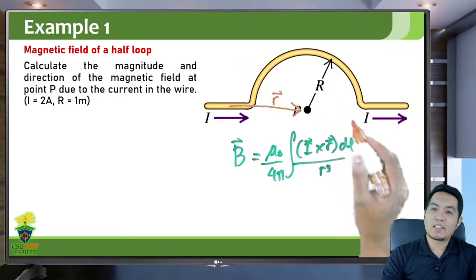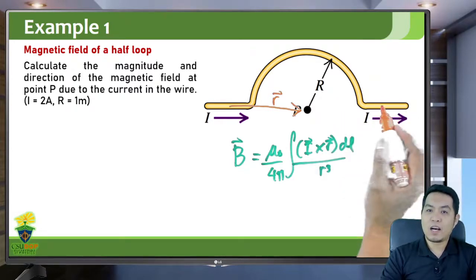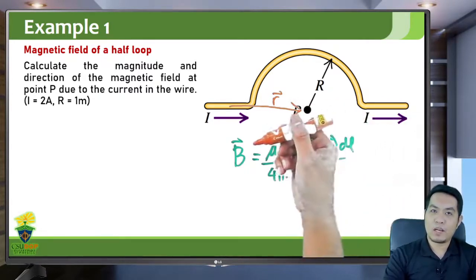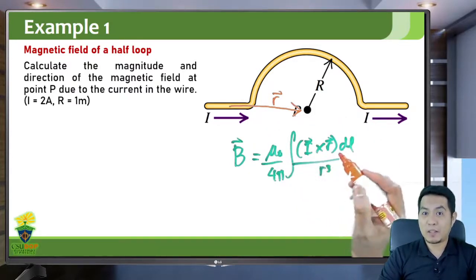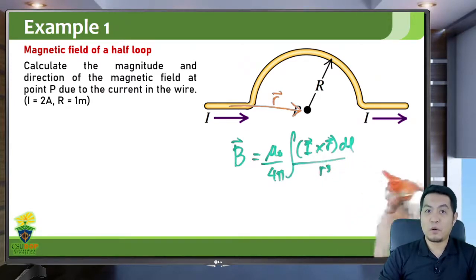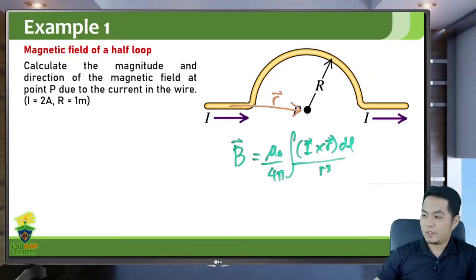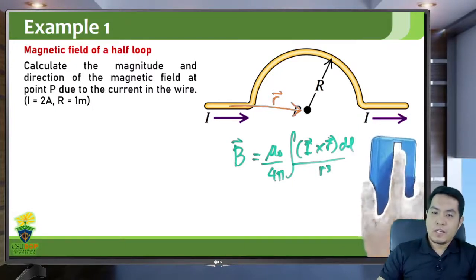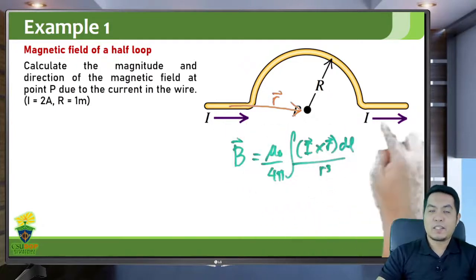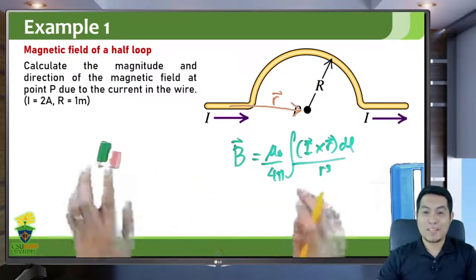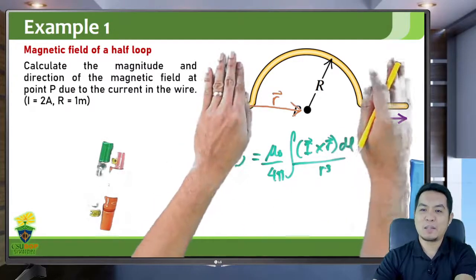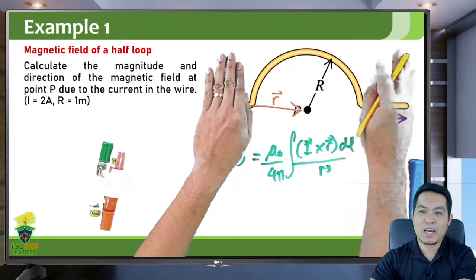Similarly, for this straight segment here, even though its r is directed up to the left, I and r are parallel or anti-parallel vectors, and the cross product of two parallel or anti-parallel vectors will always be 0. So the straight segments in this example have no contribution. Essentially, this problem reduces to just one half loop.